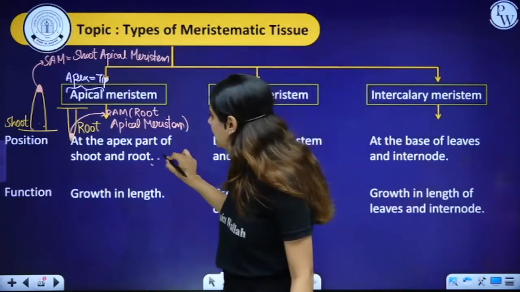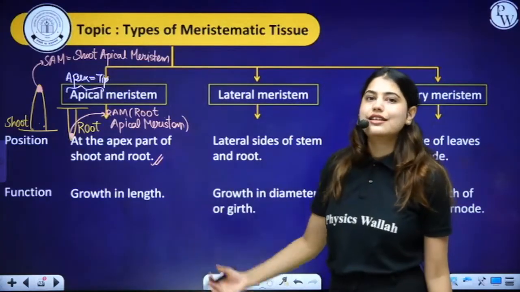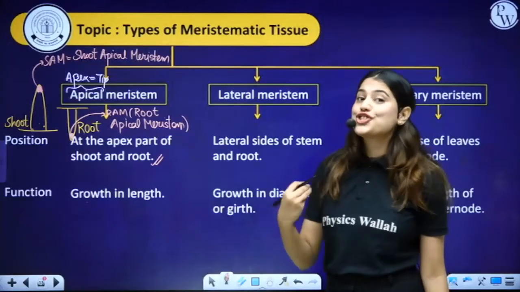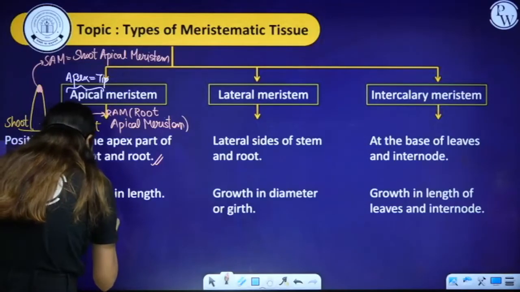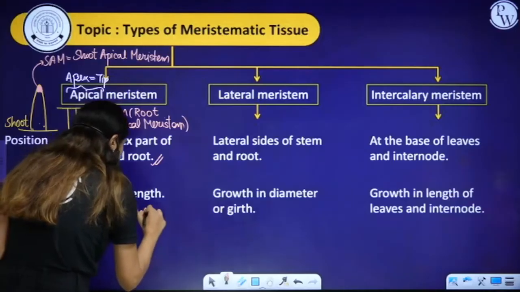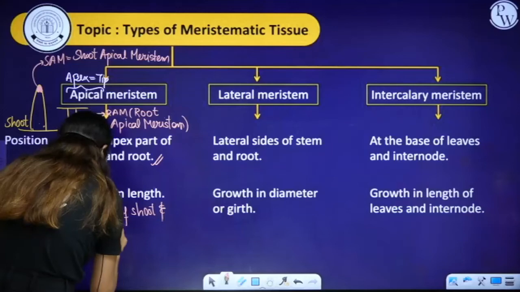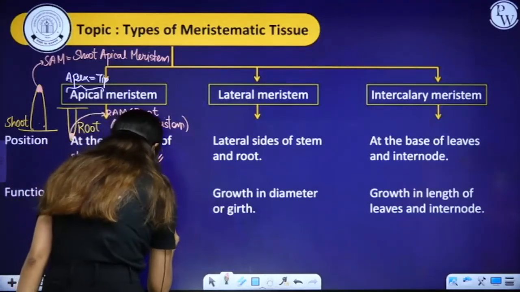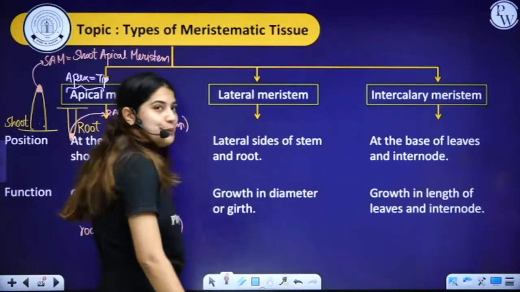It is present at the apex part of shoot and root, and hence it causes growth in length.